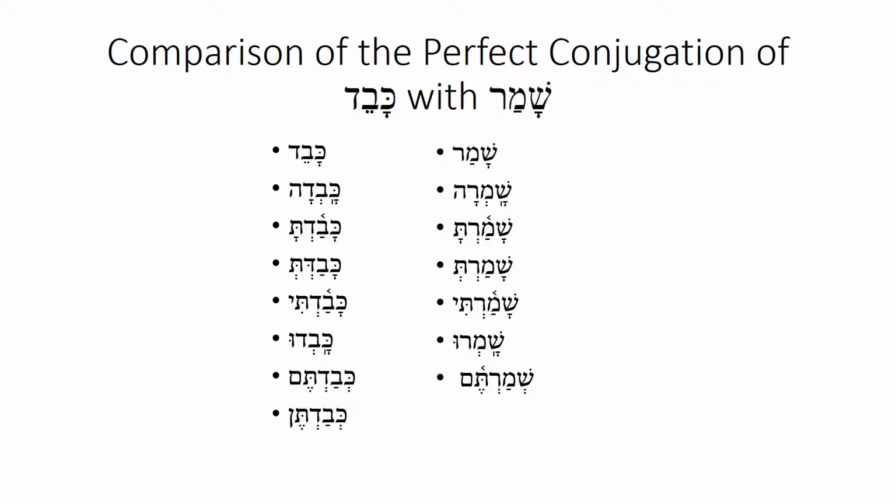Again, we have the patha. And in the first person common plural, again. So the patha runs all the way through the perfect conjugation as the second stem vowel. It's only in the third person masculine singular that we see the tsere. Okay.